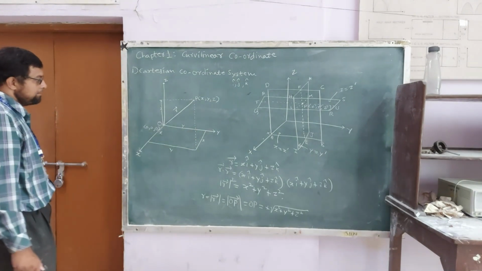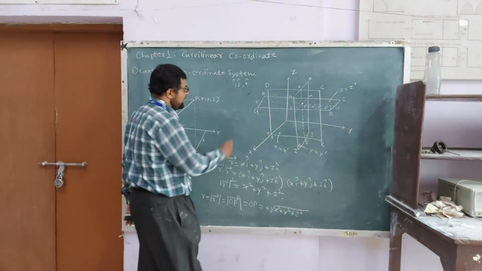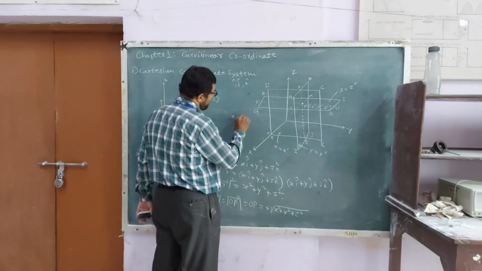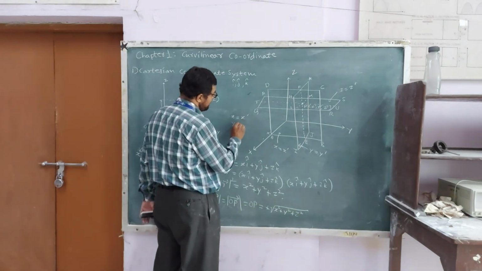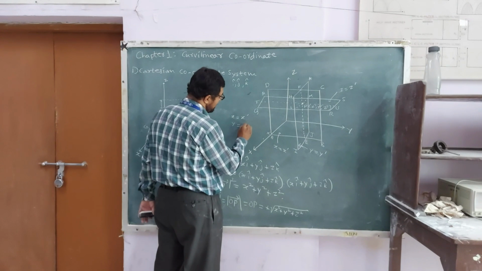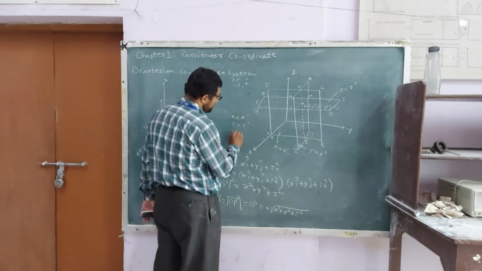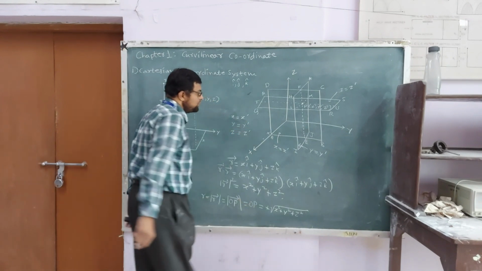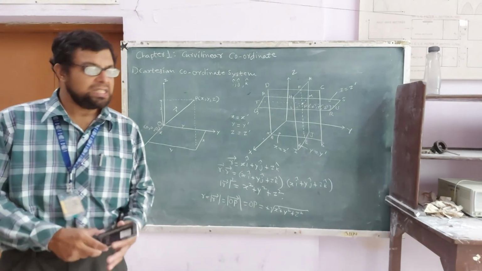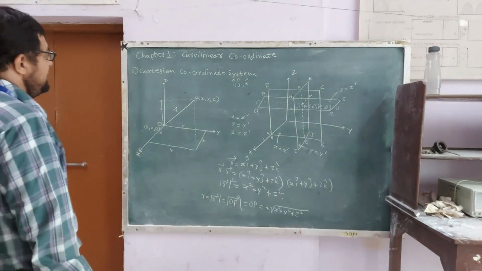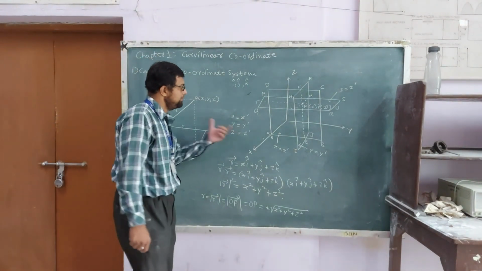So therefore a point is nothing but a common point of intersection of these three different planes, that is x is equal to x prime, y is equal to y prime and z is equal to z prime. So this is what we have to consider in case of a Cartesian coordinate system.